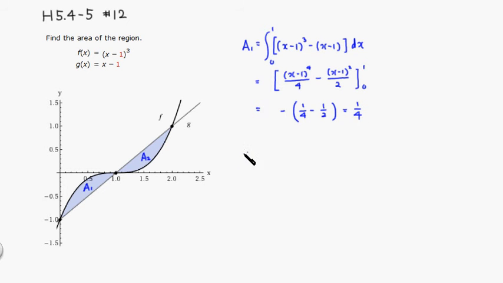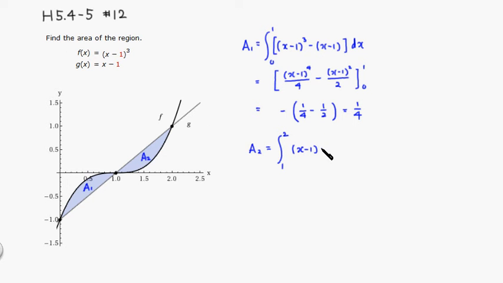Let's find the A2. In this case, we're going from 1 to 2, and the top curve is this straight line, so it's going to be x minus 1.